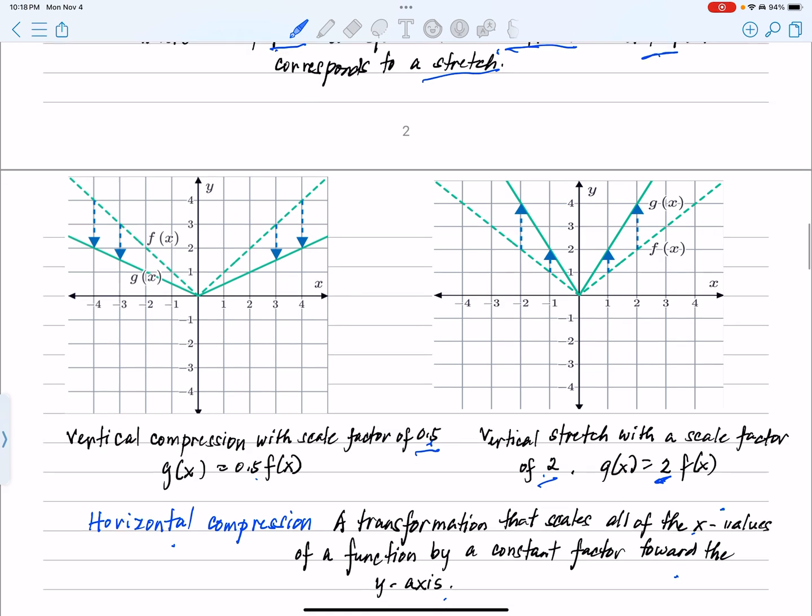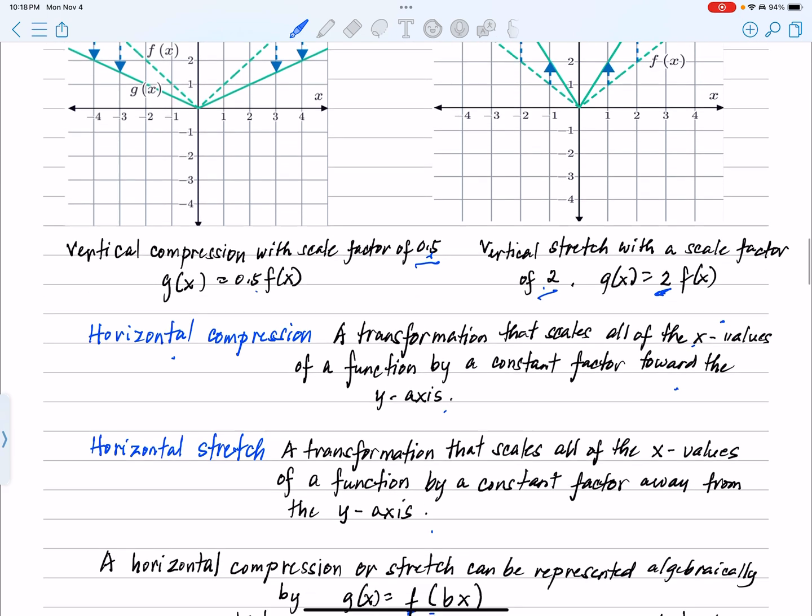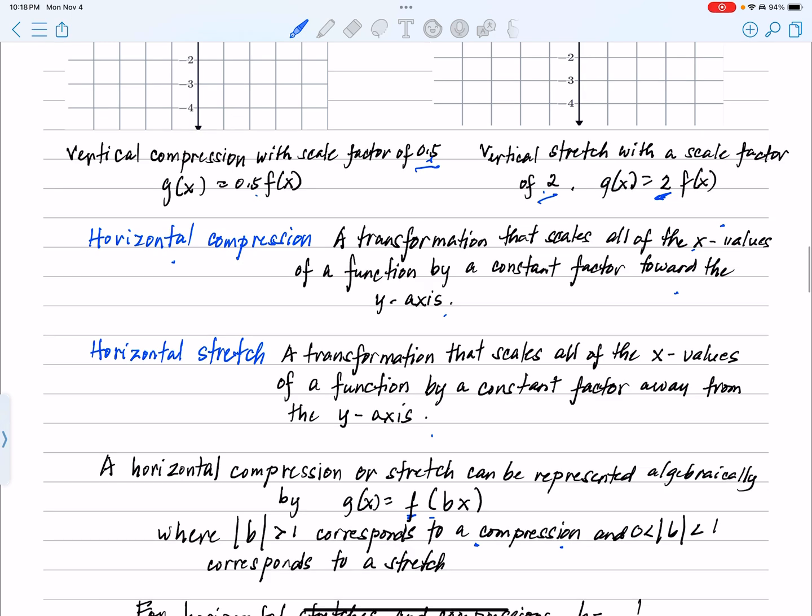For horizontal compression and stretch, a transformation that scales all x values of a function by a factor towards the y-axis is a compression. A horizontal stretch is a transformation where all the x values of a function move away from the y-axis.